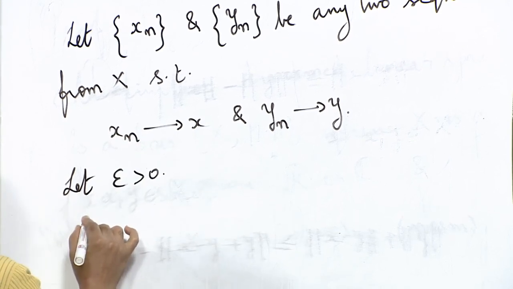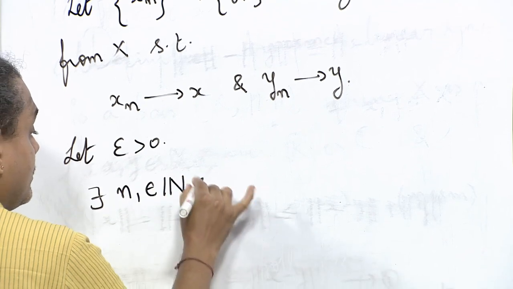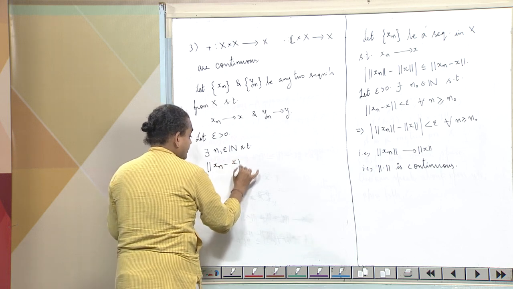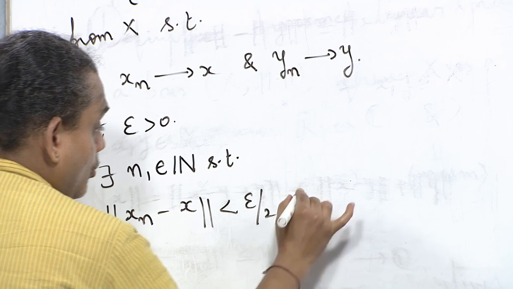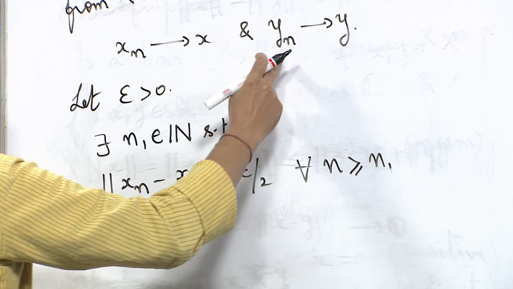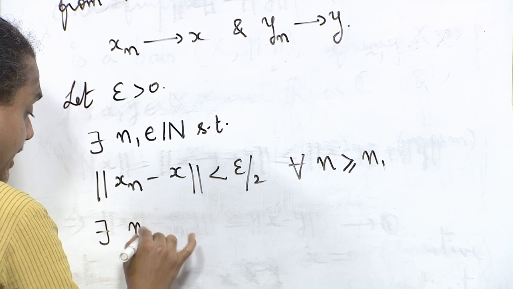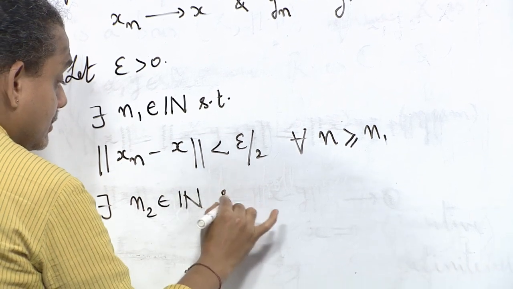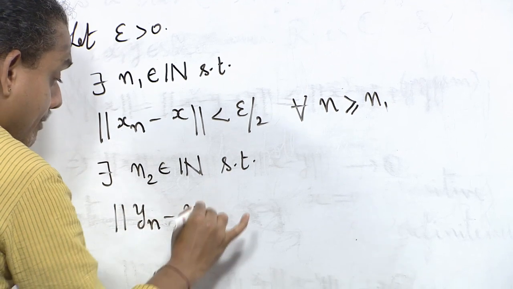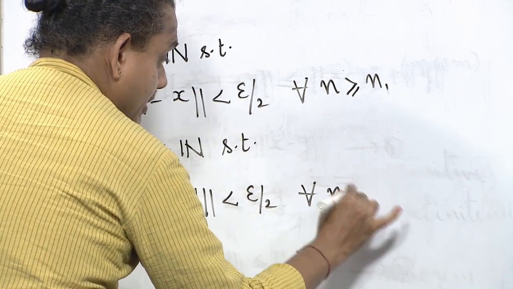Then there exists n_1 in N such that norm of x_n minus x is less than epsilon by 2 for all n bigger than or equal to n_1, and similarly we have y_n converging to y, therefore, there exists n_2 in N such that norm of y_n minus y is again less than epsilon by 2 for all n bigger than or equal to n_2.